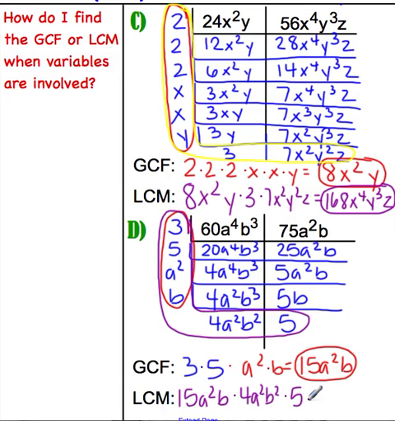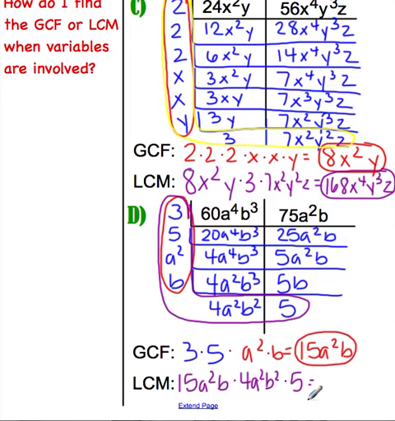So 15 times 4 gives me 60. 60 times 5 is 300. And then when I look through here, I've got 4 a's and 3 b's. So 300a to the 4th, b to the 3rd, which is my LCM.